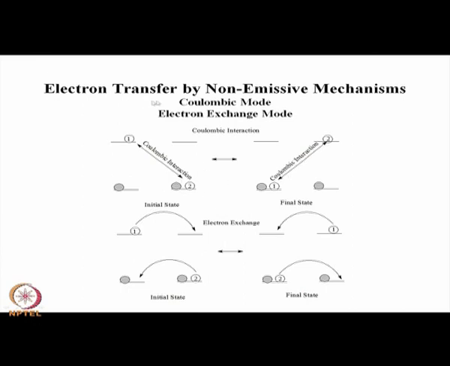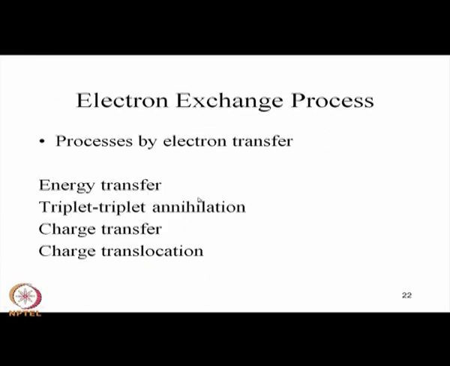So, electron transfer by a non-emissive mechanism. Although you are generating the excited state, in principle you are transferring the electronic energy by means of electron exchange or Coulombic interaction, but it is via electron transfer, and as a result the electronic energy has been exchanged.